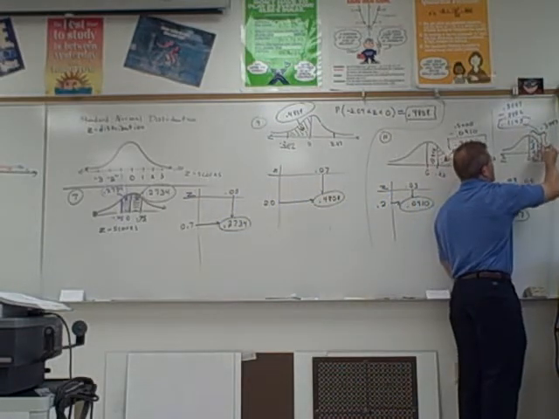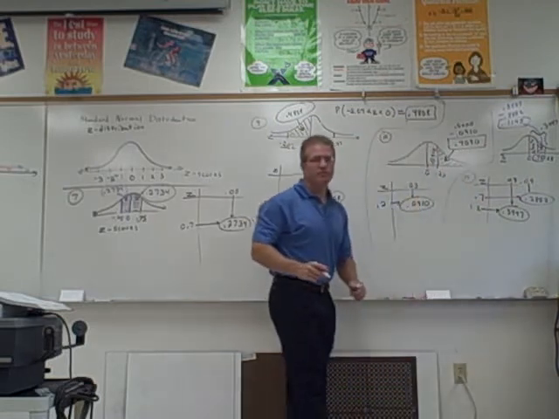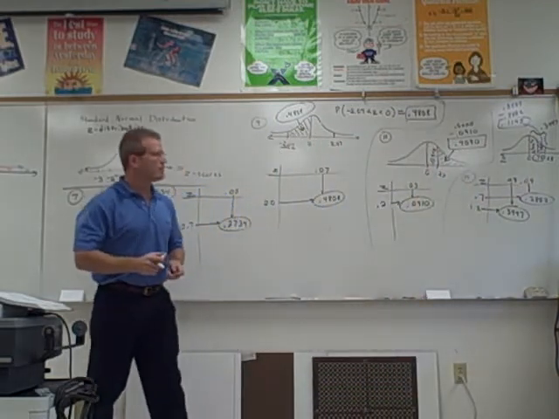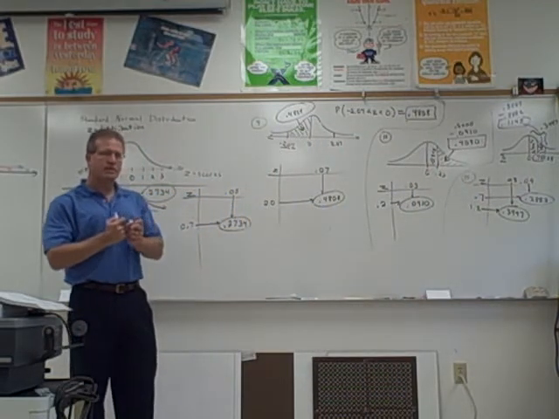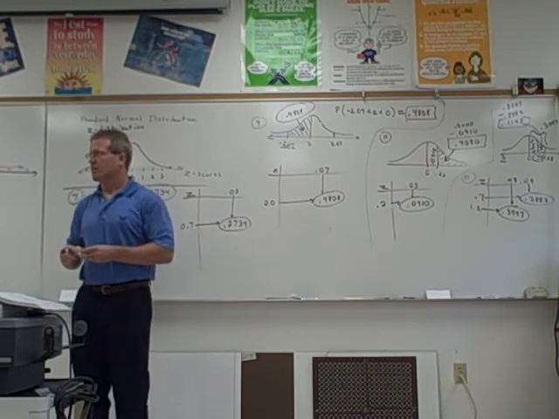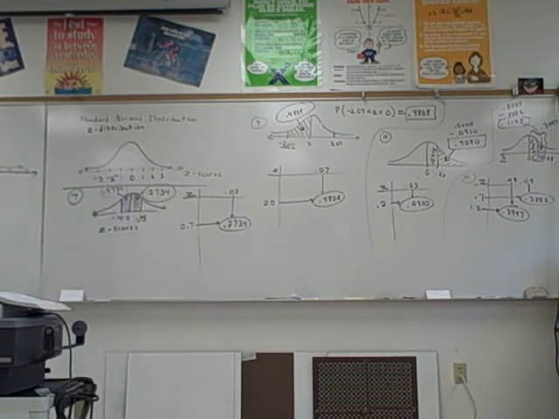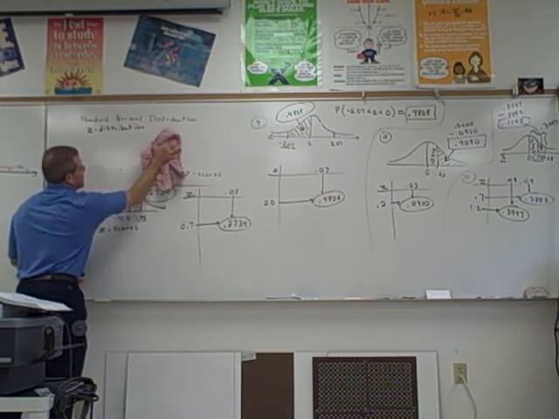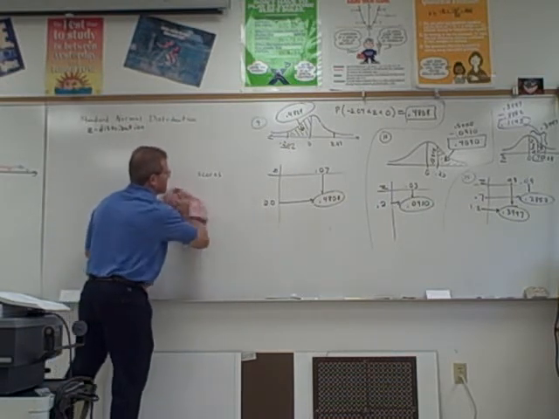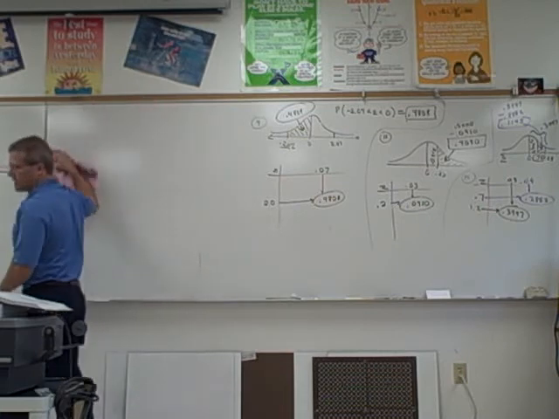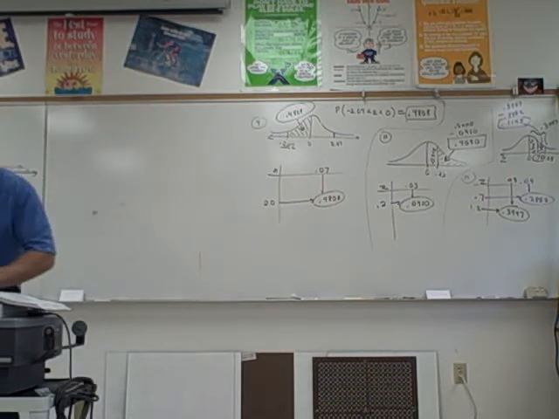So that's that area right there, 0.1145. Any questions about that? All right, there's one other type that I'm going to throw at you here. Let's skip ahead and do one more in the assignment, then I'm going to give you time to work.